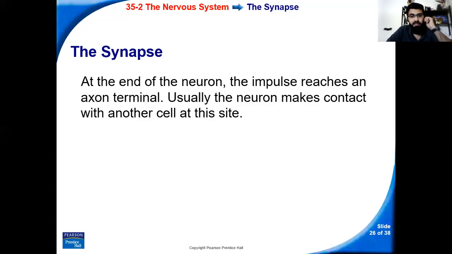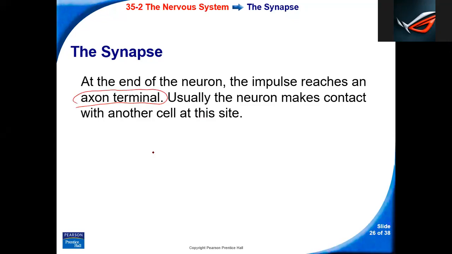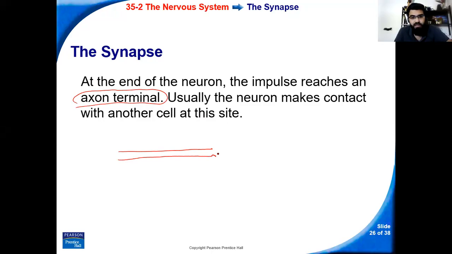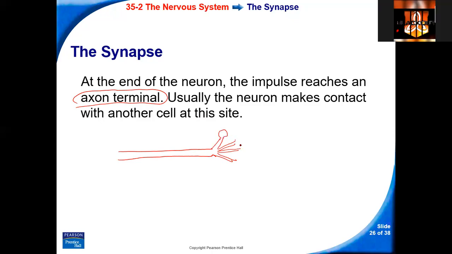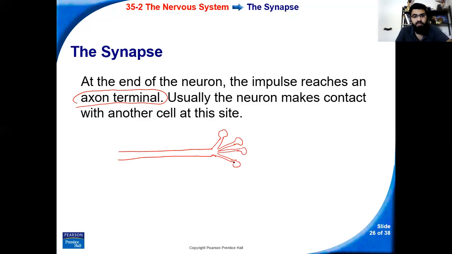Let's see what is happening in the synapse. At the end of the neuron, the impulse reaches the axon terminal. This is the axon. At the end, or the terminal, of the axon, we have a structure. What do we call this structure? Remember? This is called the knob, the terminal knob.